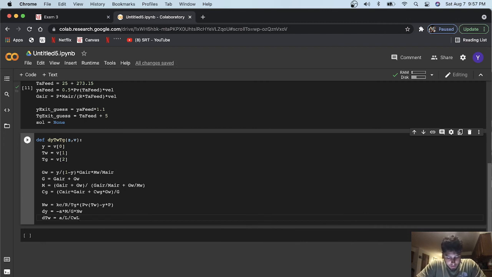And we also need to multiply it by the heat transfer coefficient.